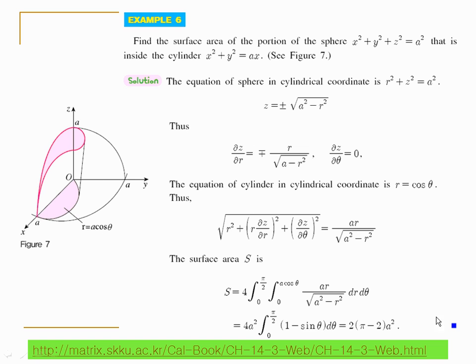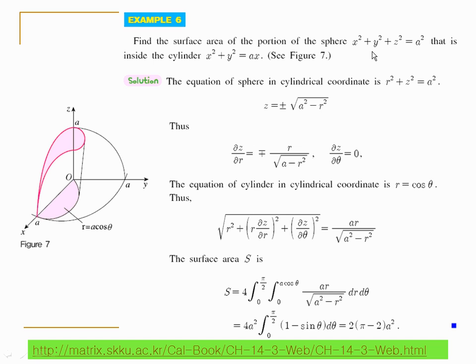Okay, this is a new problem. Let's think. We are looking for the part of the surface area of this sphere on this domain. So now we think of g as a function of x and y.